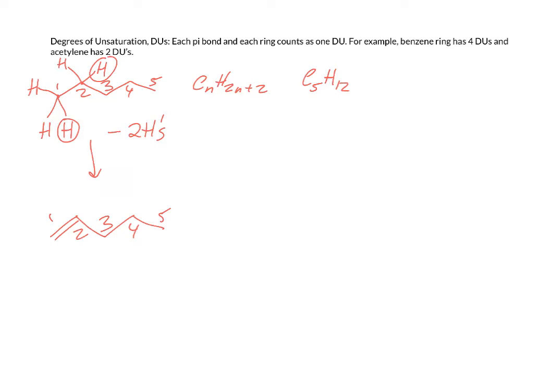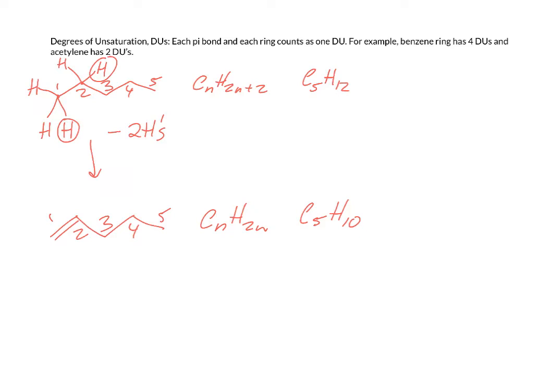The formula of pentene is CnH2n, or in our case, C5H10. For each double bond that we construct, we have to remove 2 hydrogen atoms from the alkane analog or precursor.